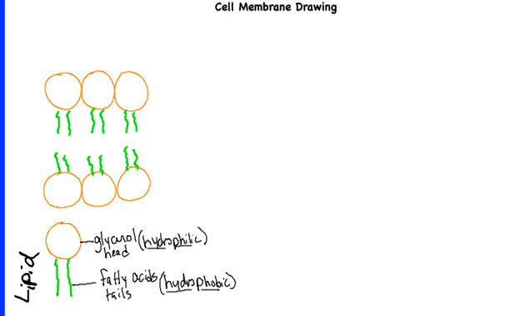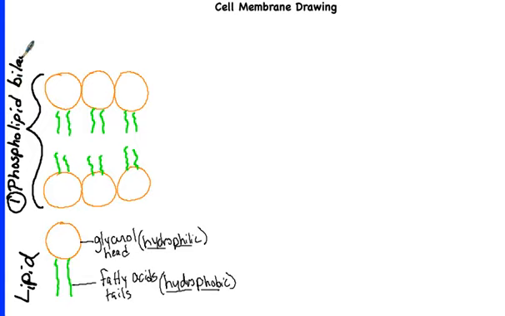And let's put a bracket and label this. This is number 1, the phospholipid bilayer. We use our word bites. Bi means two, so that means there's two layers. This is one layer, and this is one layer.